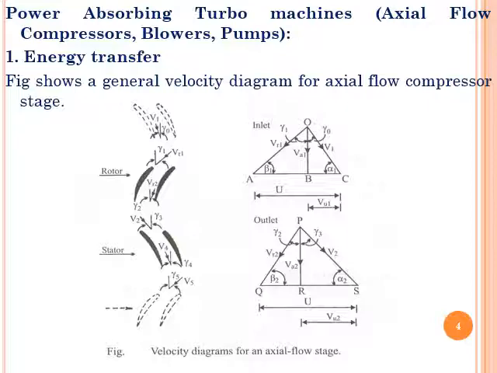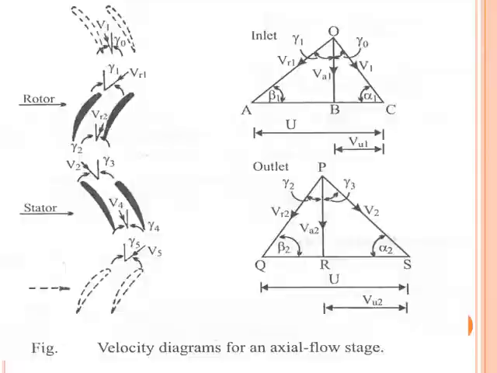Here gamma naught is the angle measured in the direction of axial flow with respect to the absolute velocity V1, and similarly gamma 1 represents the blade angle measured with respect to the axial flow. The same diagram is shown here.